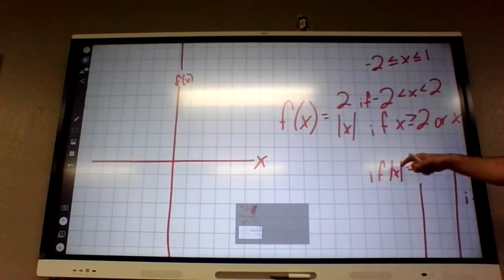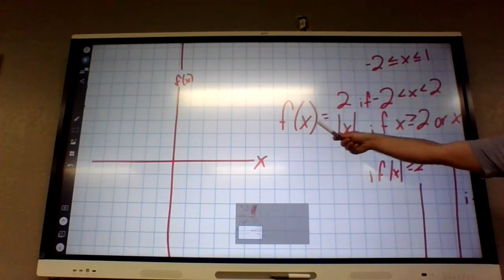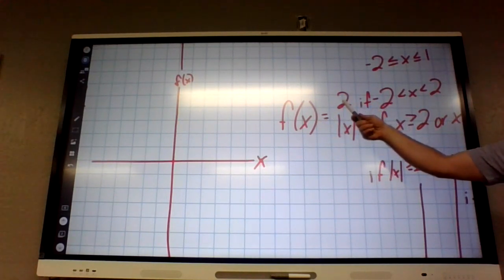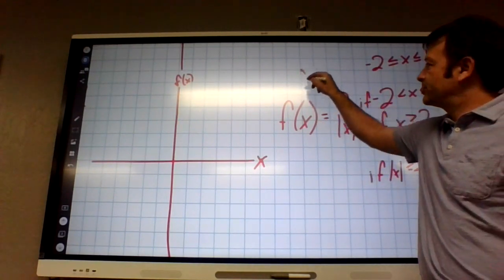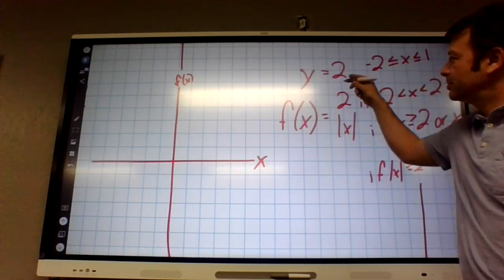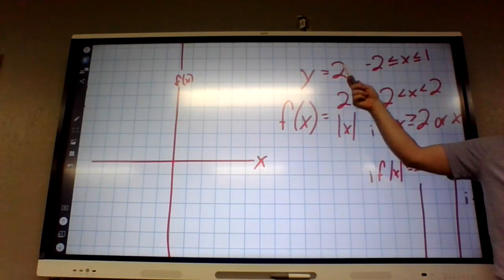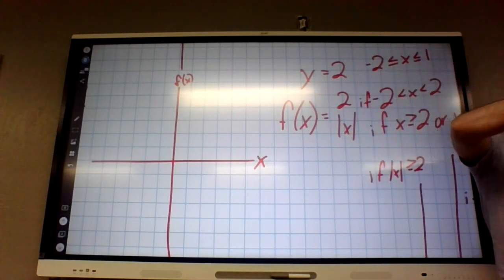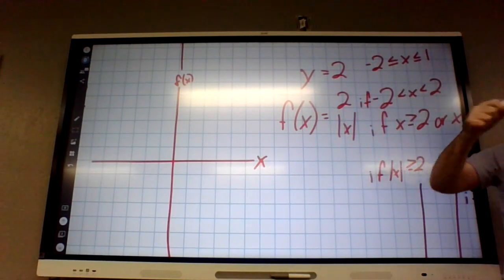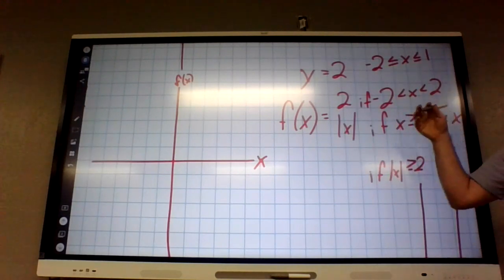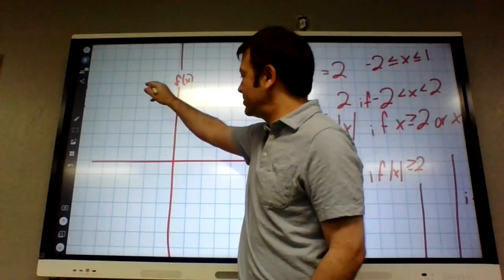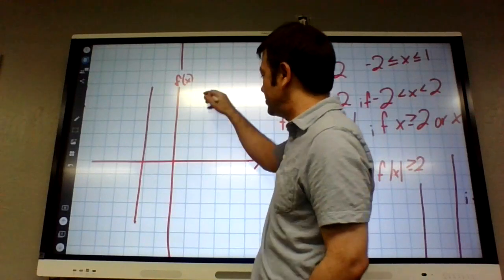So the first thing we're supposed to draw is f of x equals 2, which is the same thing as y equals 2. What does the graph of y equals 2 look like? It's a horizontal line. Yes, y equals 2, but it's only supposed to be between negative 2 and 2. So x equals negative 2 is like this line, x equals 2 is this line.